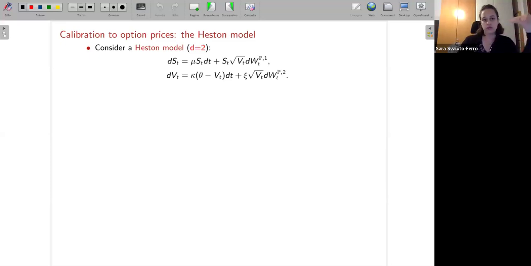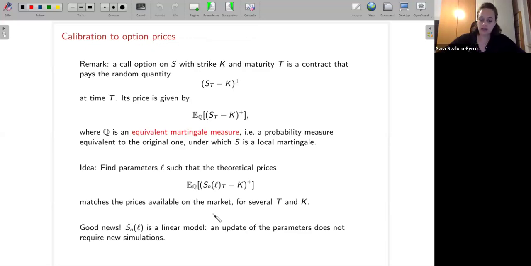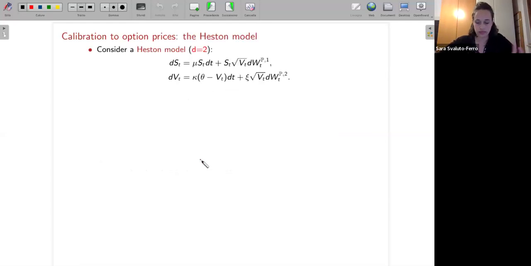So what did we get? We tried to reproduce the implied volatility surface: you take all the prices of the call options for different K and different T, and then you rescale it in a particular way in order to have it a bit more homoscedastic.